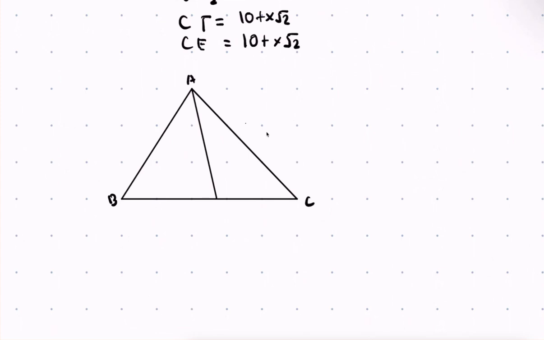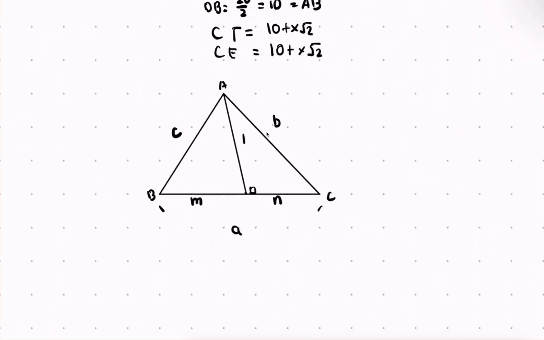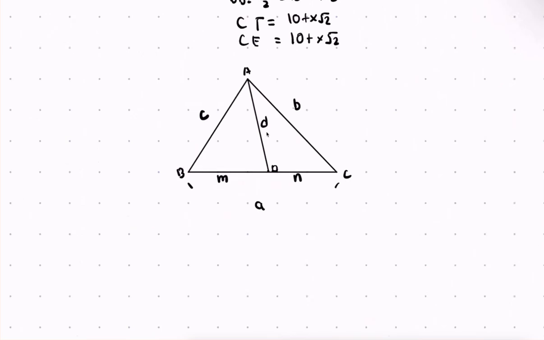If we let this be B, this be M, this be N, and this is C, and BC is equal to A, and let's call this D, AD equal to D, then we know that the relation will be B times M times B plus C times N times C is equal to M times A times N plus D times A times D. The reason why I wrote it like this is because we can remember this easily as a man and his dad put a bomb in a sink. And that's how I remember Stewart's theorem.